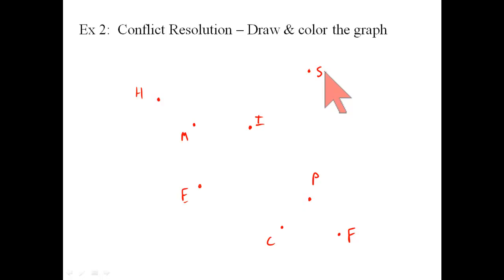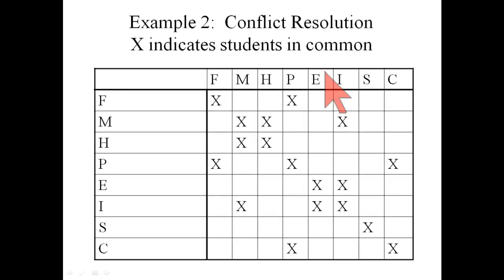Why did I do it that way? If I look back here, I notice that philosophy and chemistry and French, for example, have students in common, and so it might make sense to group those together. Whereas Spanish had no students in common with any other class, and so it didn't matter so much where that went.